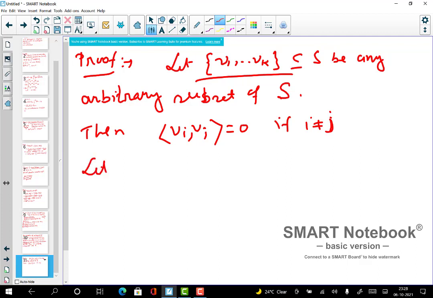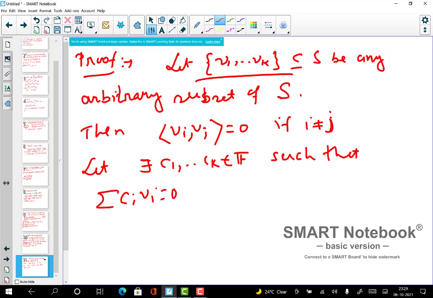So let us start with a linear combination. So let there be some constants c1, c2, ..., ck belonging to F, such that the summation ci vi, i equal to 1 to k, equals 0. Now suppose there exist such constants for which this happens. Then what is your goal?